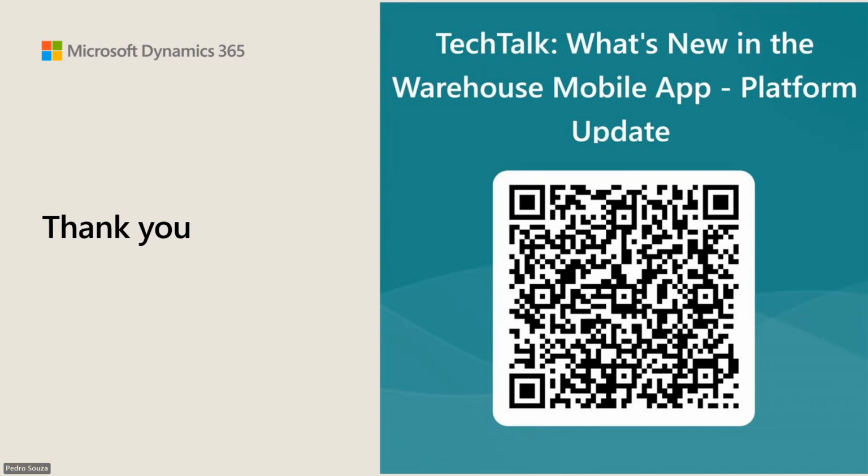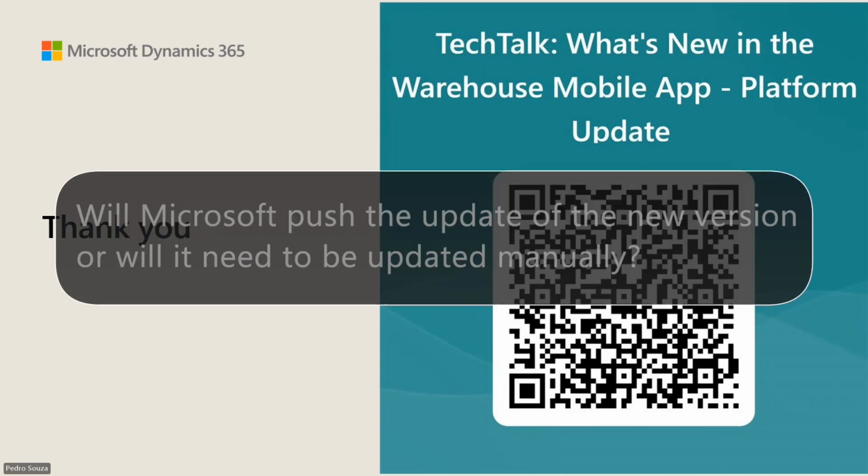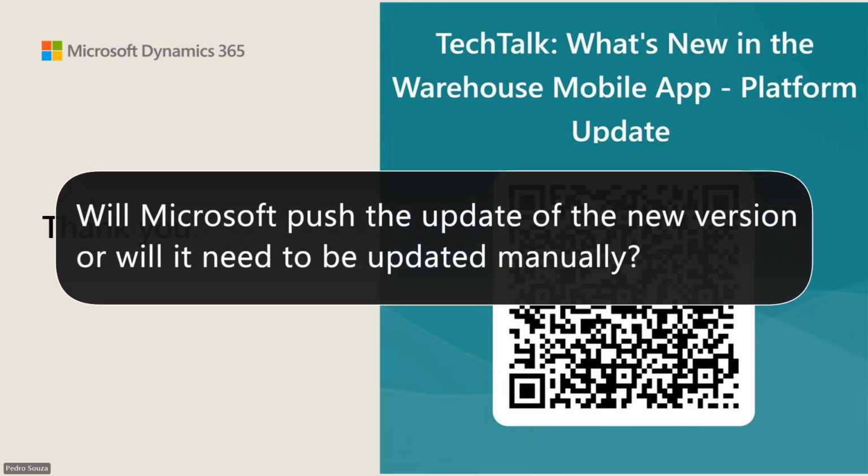Okay, we have another question, about timeline. Will Microsoft push the update of the new version, or do the users need to update it manually? I think we covered this a bit as well, but you want to clarify again, Pedro? Yeah, in the beginning, for public preview, we will release it, and it's up to the IT managers to decide when to pull and set up the APK.